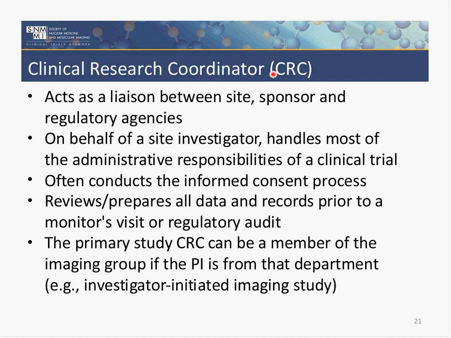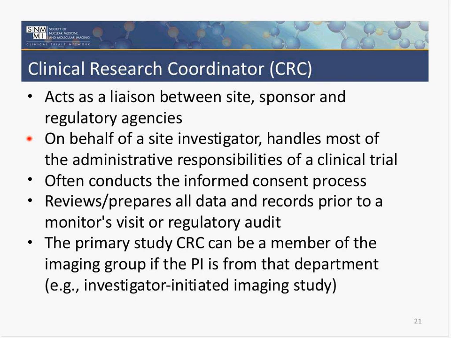Clinical Research Coordinator, we've used a lot of acronyms, but the Clinical Research Coordinator, or CRC, is sometimes called the study nurse, sometimes just the study coordinator or the clinical study coordinator. It's a very important individual in the conduct of a clinical trial. They act as a liaison between the site, the sponsor, and regulatory agencies, and on behalf of a site investigator, handle most of the administrative responsibilities of the trial.